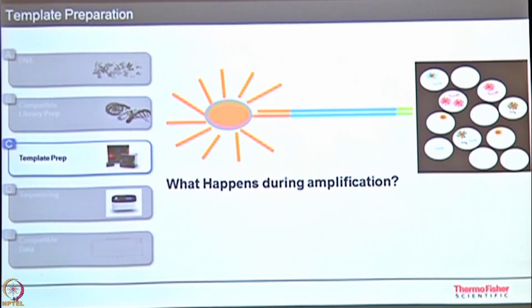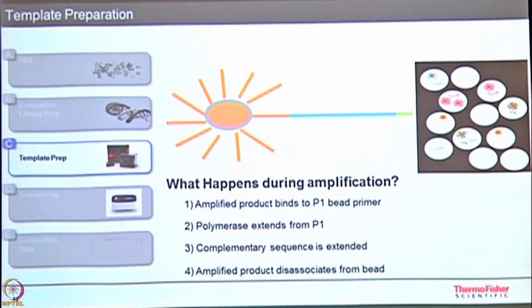You are not manually involved in this process; all of this is being done by these systems, either semi-automatedly or fully automatedly. When it gets denatured, it then again binds to another oligo on that same bead, and that's how you are clonally amplifying this particular molecule onto the ion sphere.